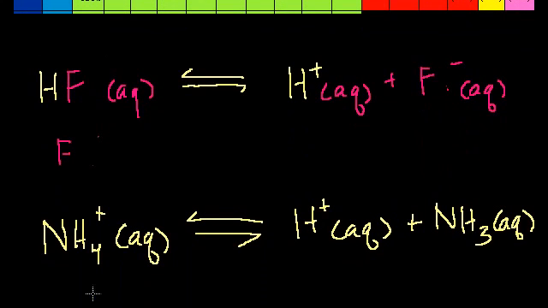Okay, so I could rewrite the same weak acid equilibrium as a weak base equilibrium, where I could say a negative fluoride anion in an aqueous solution is in equilibrium with, and now I'm considering this a base, which means it's going to increase the concentration of OH minus. So it might want to grab some hydrogen from some of the water that's in the aqueous solution.